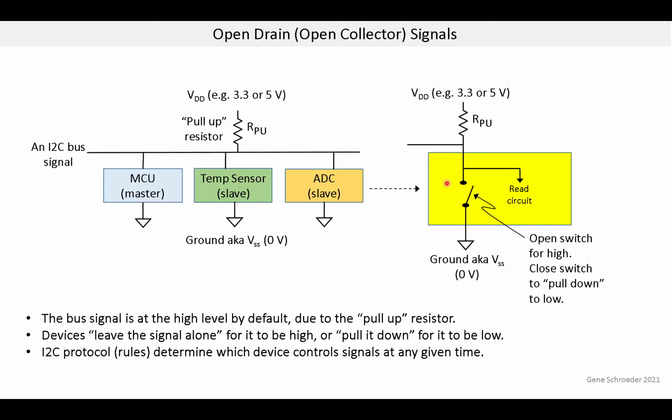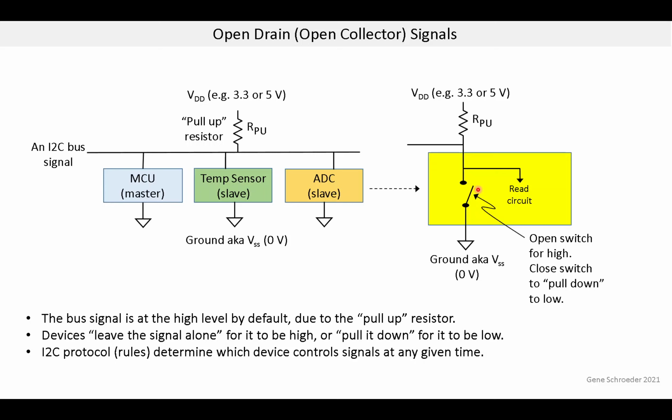Now I show this concept in a little more detail in this yellow box, which contains the bus interface for these I2C devices in a very simplified way. First, it shows that the device can always read the level of the signal. And it shows that the device can control the signal through this conceptual switch. When the switch is open, as it is here, it has no influence over the signal level.